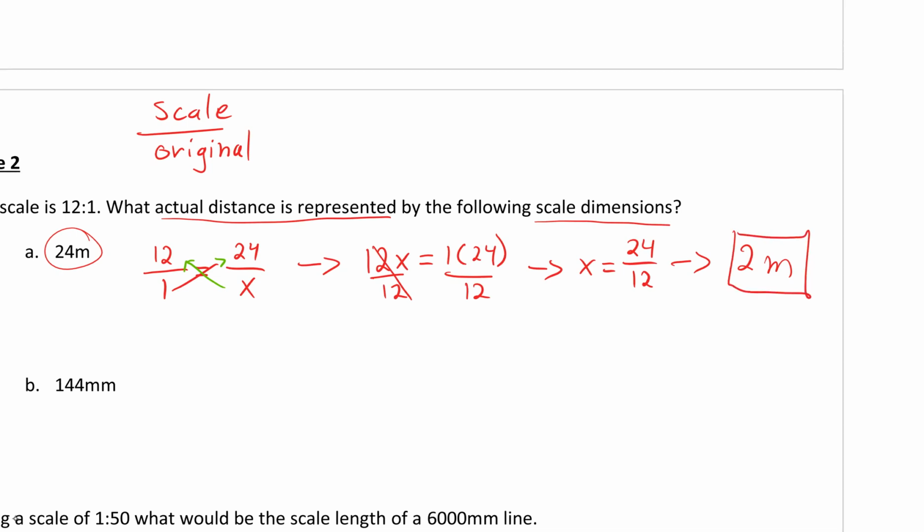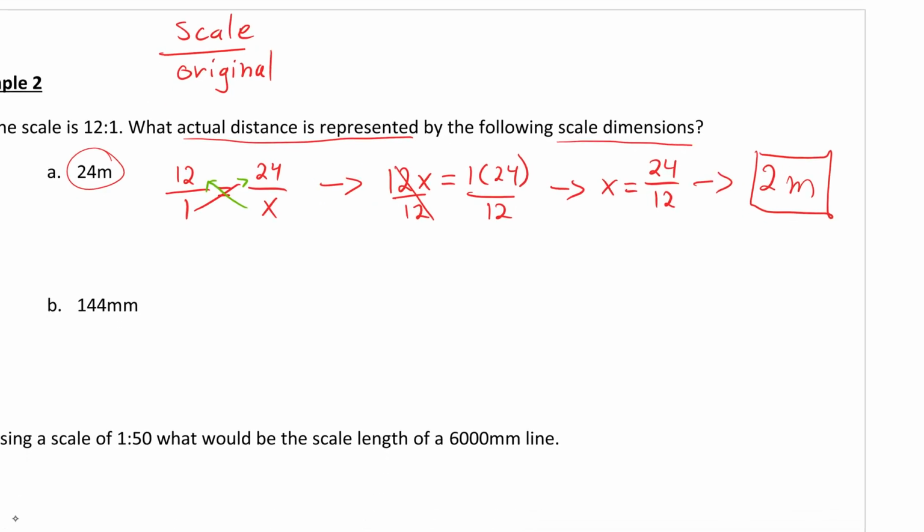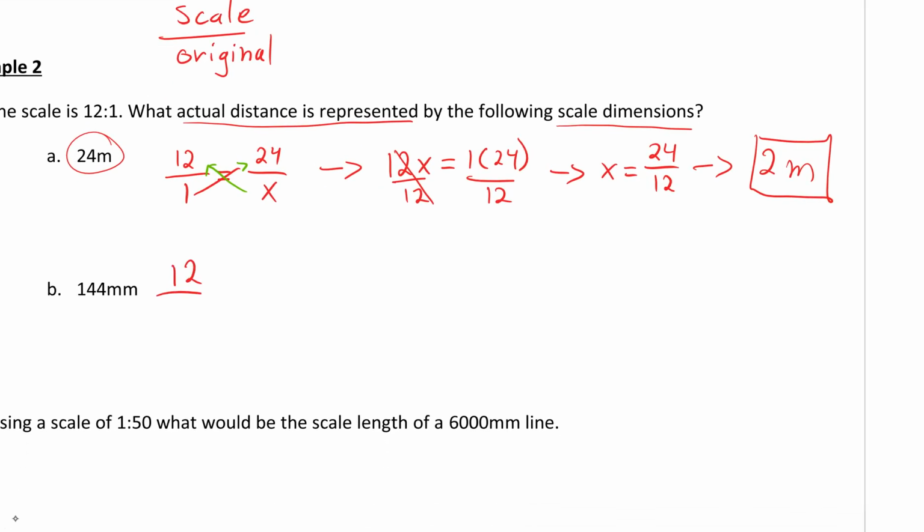Now we have the same scale for B, which is going to be 12 over 1 is equal to 144 over x. We want to do our cross multiplication. And this is going to give us 12x equals 1 times 144.